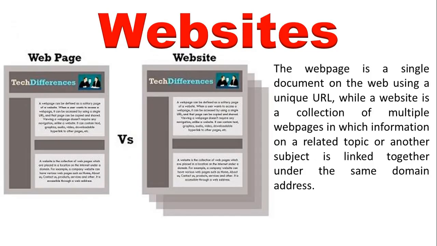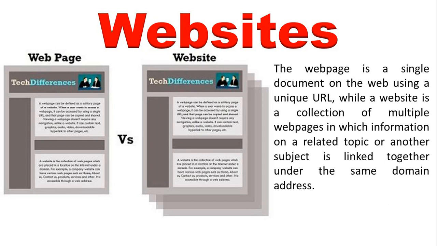And let us understand another thing. What is the difference between a website and a web page? What is a website? We must have noticed that there are many websites that we access from our mobile phone, from the tablet, from the computer, laptop, and so on. All the websites are nothing but a collection of web pages.